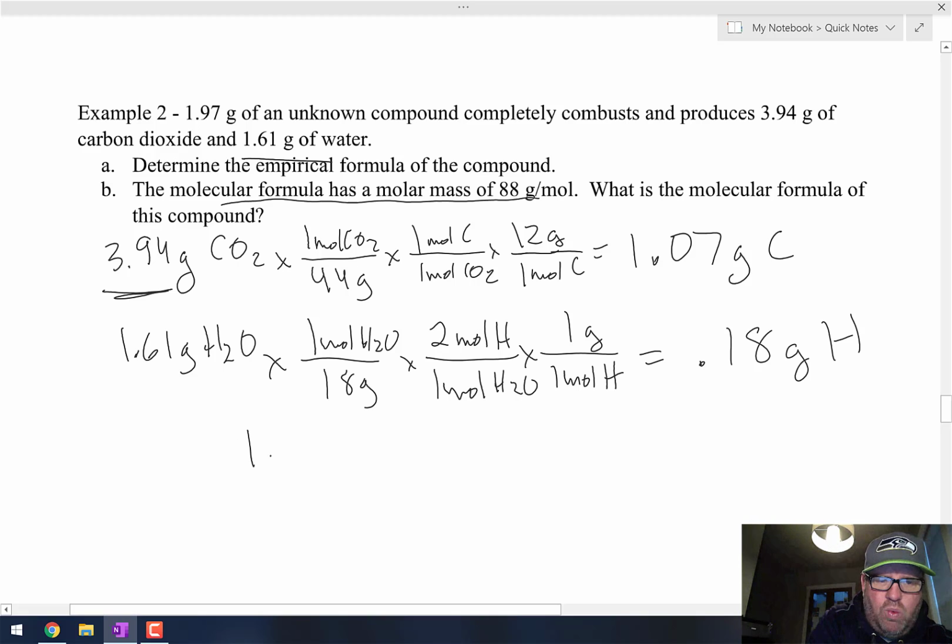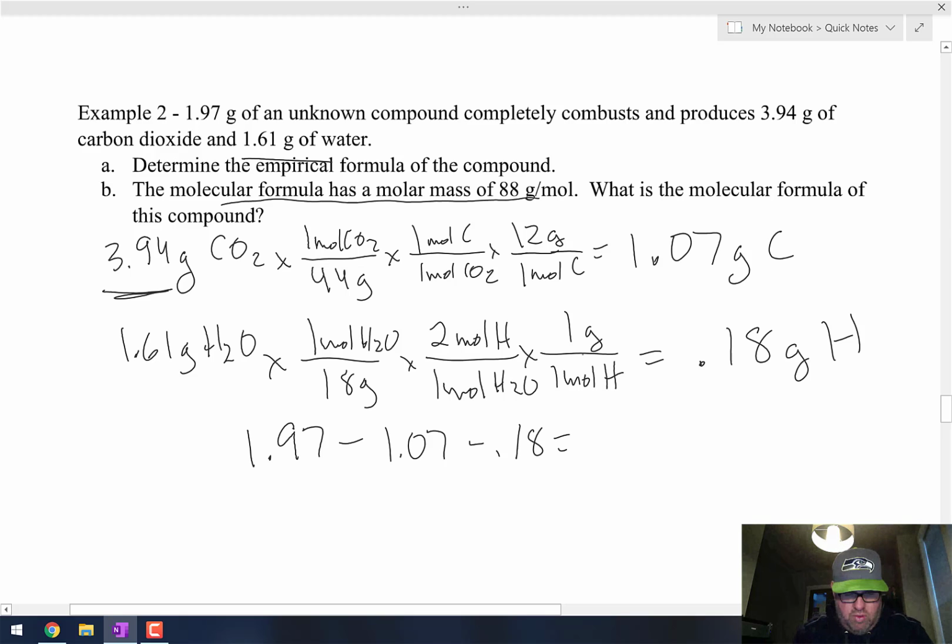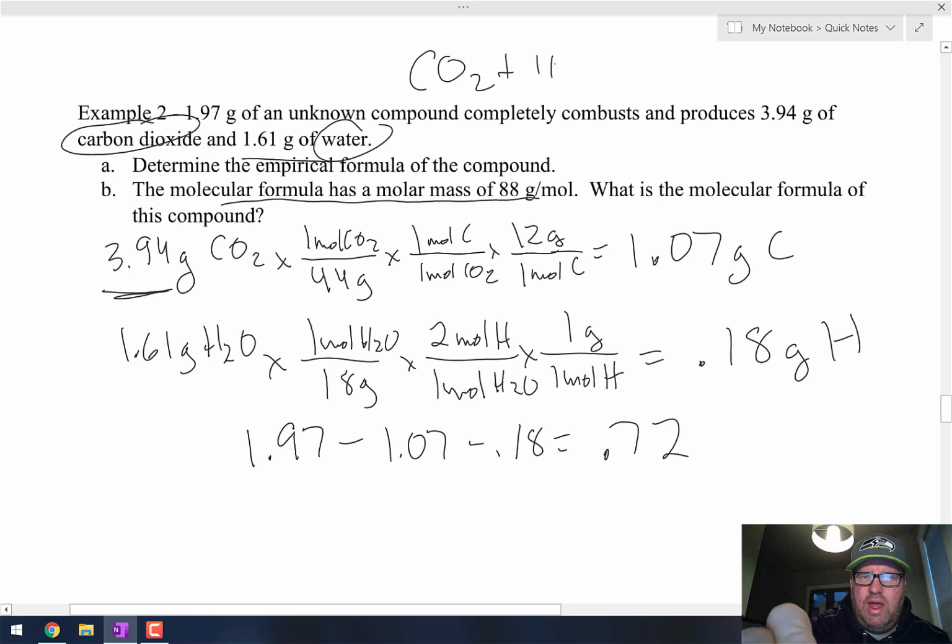Okay, and now I need to make sure, is there anything else in this compound? So I'm going to take 1.97, subtract the carbon, subtract the hydrogen. 1.97 minus 1.07 minus 0.18 equals 0.72. And again, it says it only produces carbon dioxide and water, CO2 and H2O.